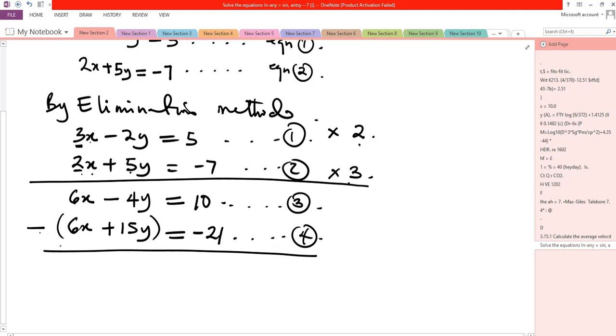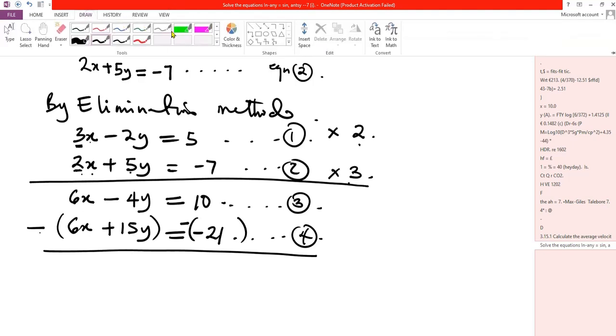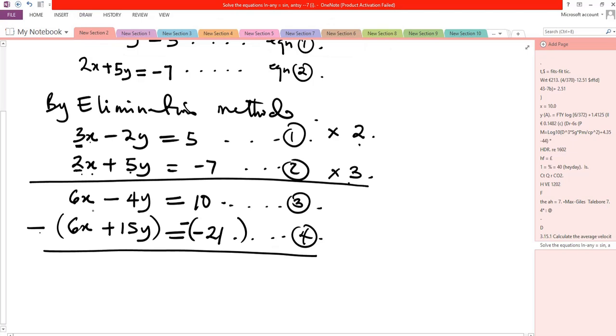What you do to this side, you do to the other side, so the equality sign will still remain. So 6x minus 6x will give you 0. This will cancel out.